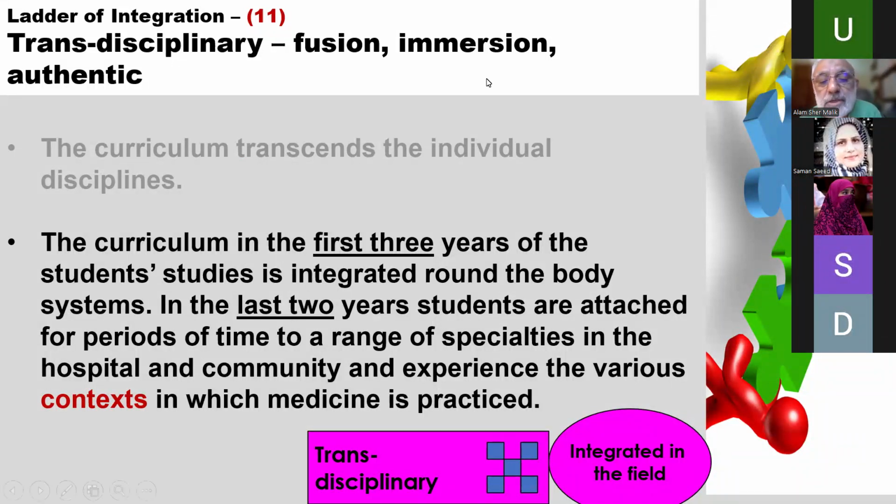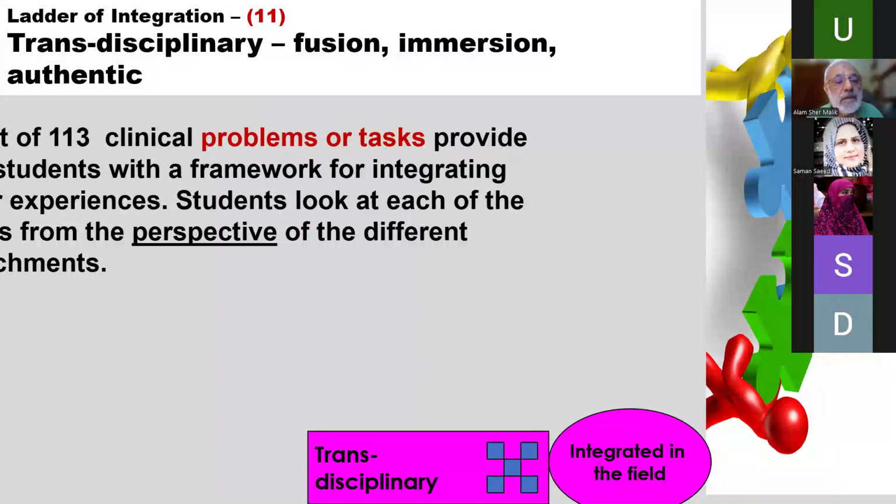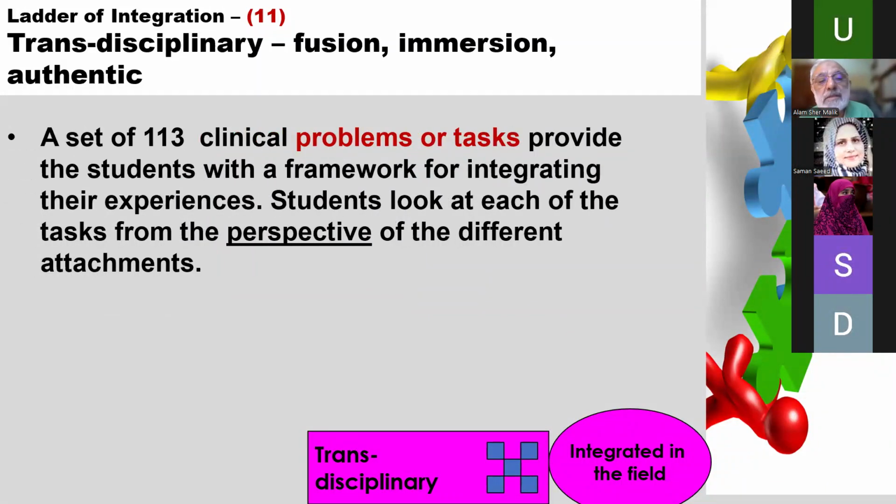And in the last 2 years, students are attached for periods of time to a range of specialties in the hospital and community, and experience the context in which medicine is practiced. I think I'll explain this with the example here. This is the example from Dundee, where they have identified tasks that provide the students with a framework for integrating the experiences.